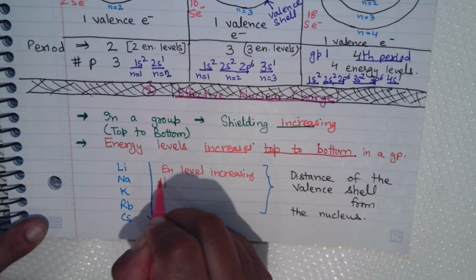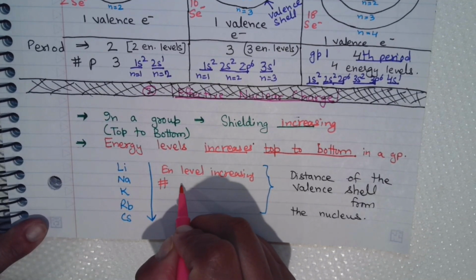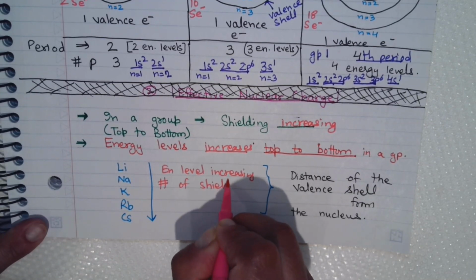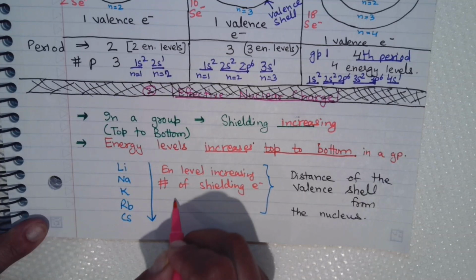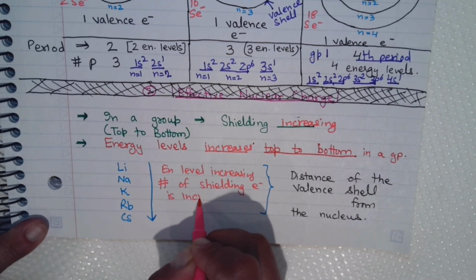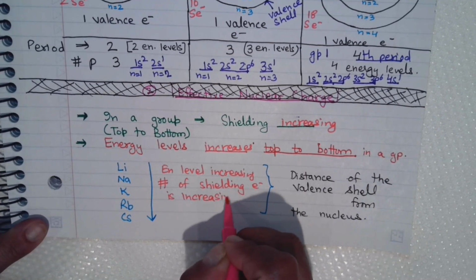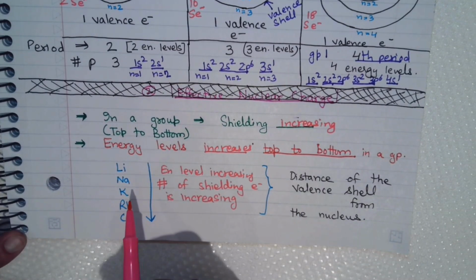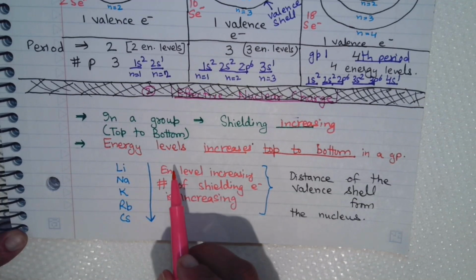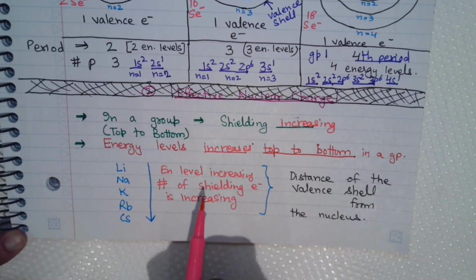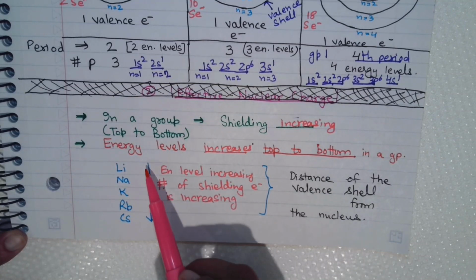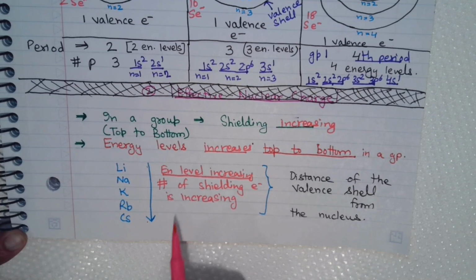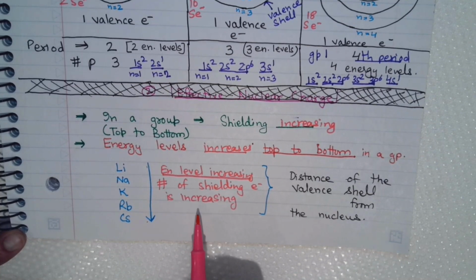Number of shielding electrons are increasing. Right? So within each period, the number of energy levels stays the same, but as we are going from top to bottom in a group, the number of energy levels is increasing and so are the number of shielding electrons.